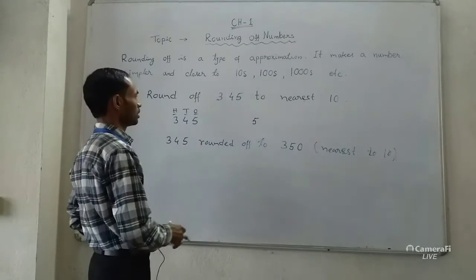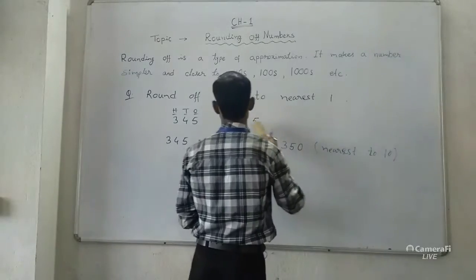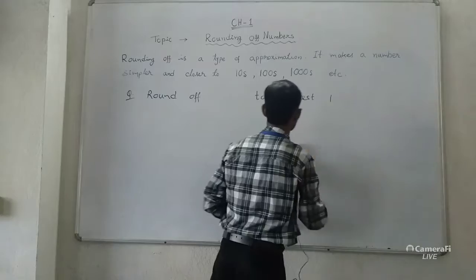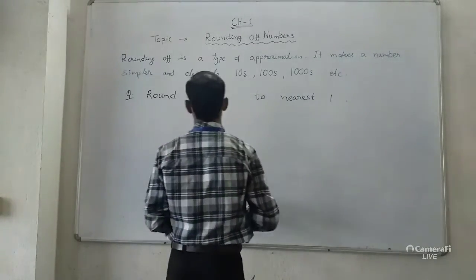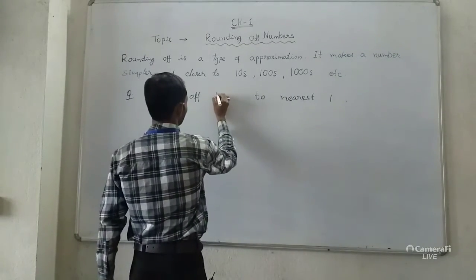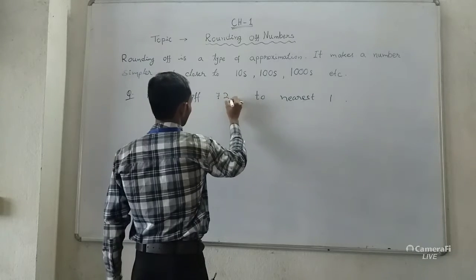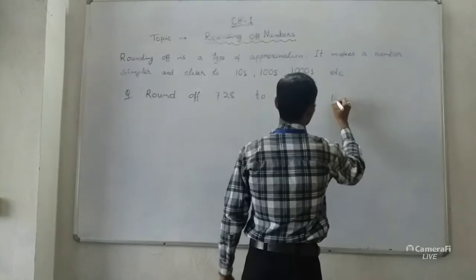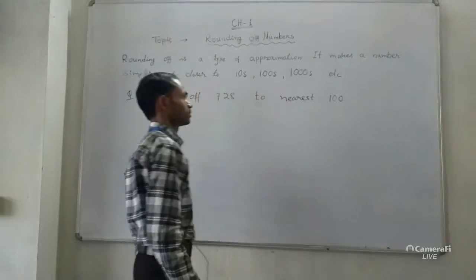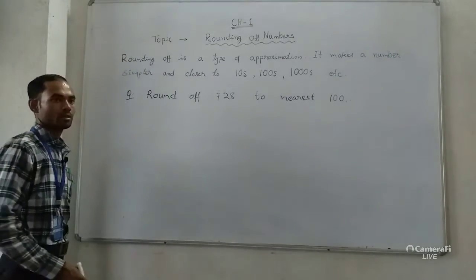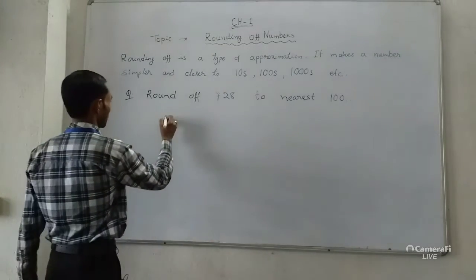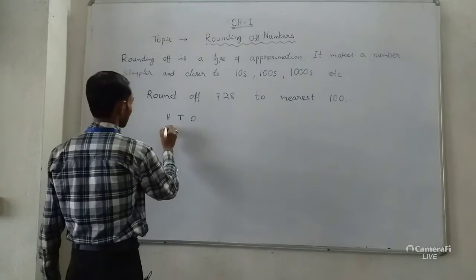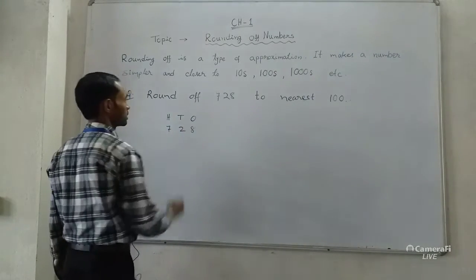Now let us come to rounding off numbers to the nearest 100. Suppose we round off 728 to the nearest 100. The hundreds place, tens place, and ones place: 3 places, 7, 2, 8.